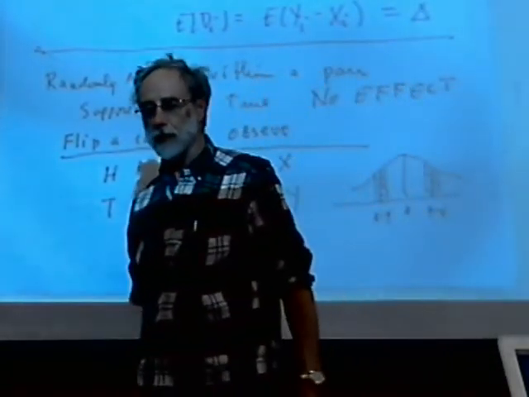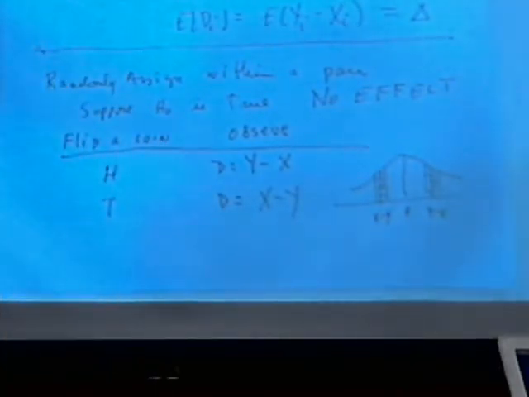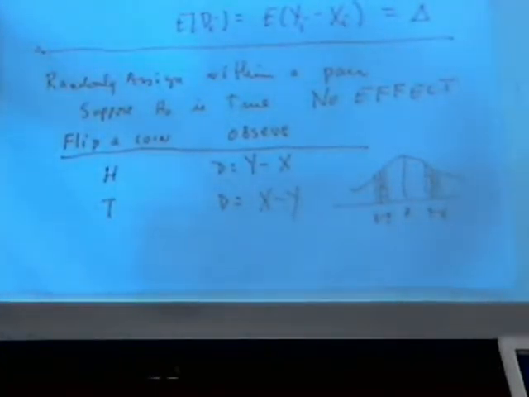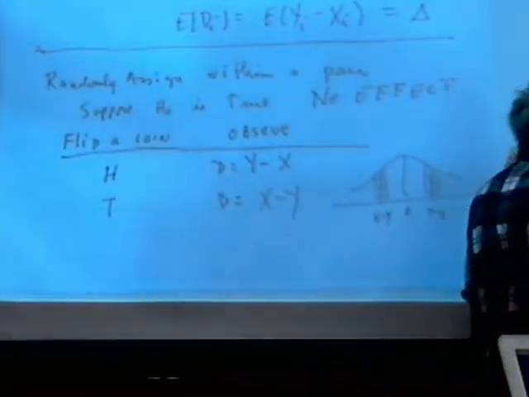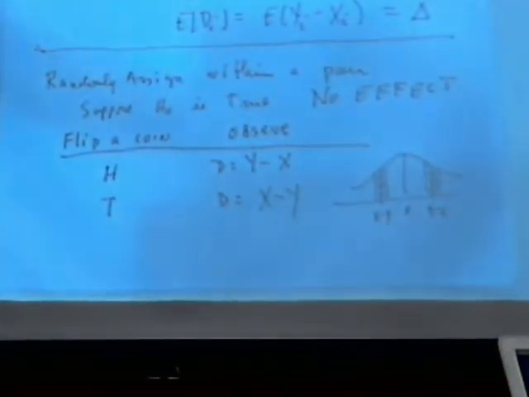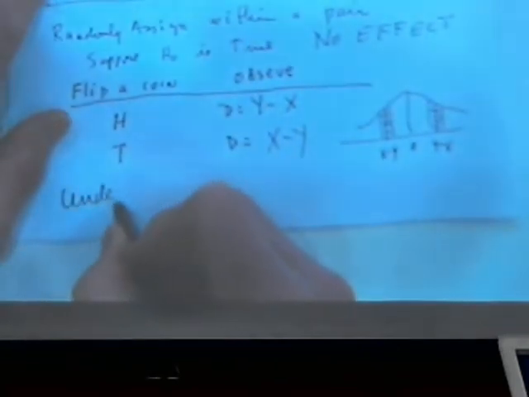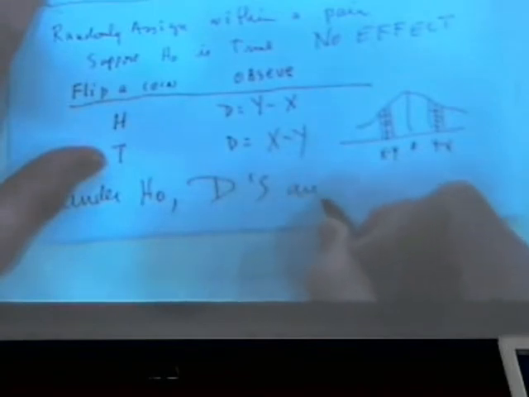Because there's no effect going on. One time you flip heads, the next time you flip tails. What you measure stays the same because there's no effect. So under H naught, these are symmetric about 0.